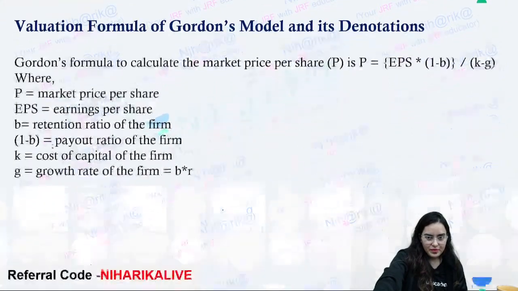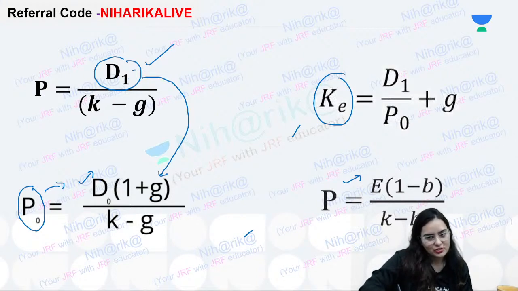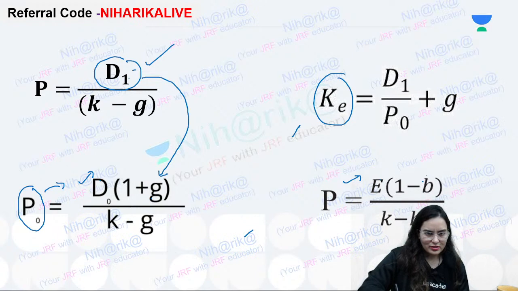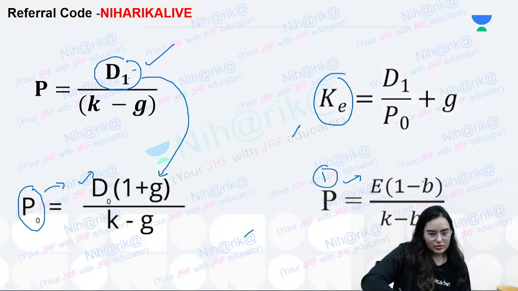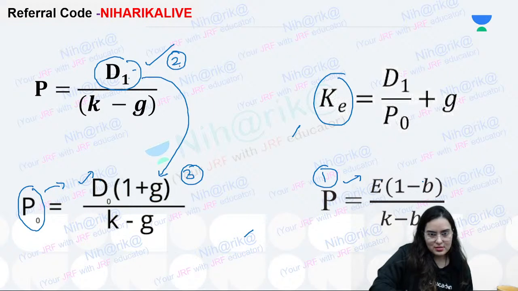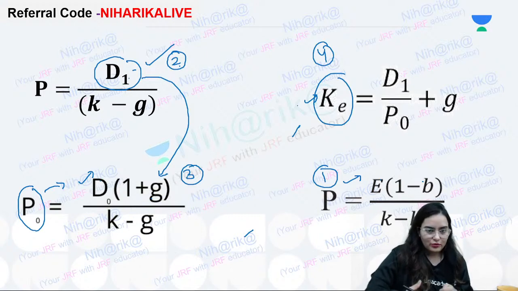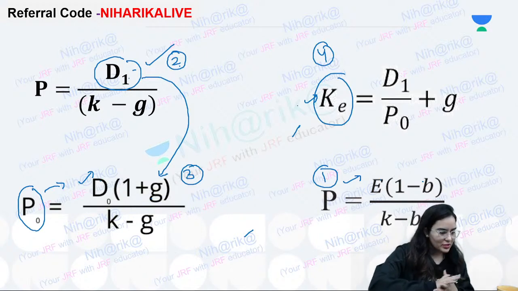And this was the first formula that was given in our question, that is earning times 1 minus retained earning, that is dividend. So dividend of the current year. So first you can write this, second you can write this in your notebook, third this, and then fourth you can write in the notebook how to derive ke. And all the types of solving formulas we have done in the previous page.